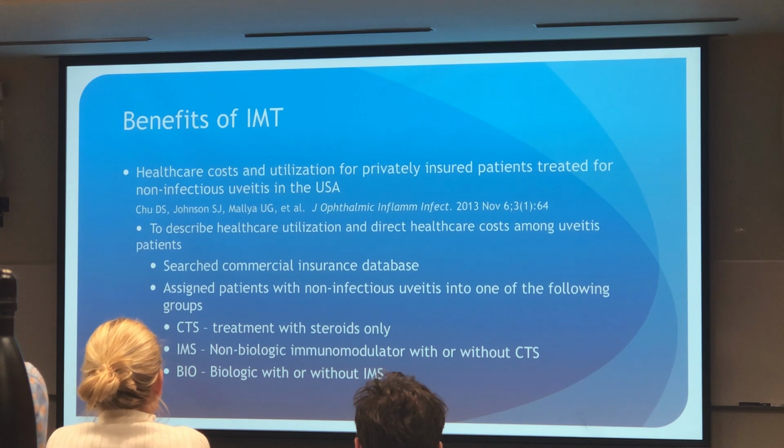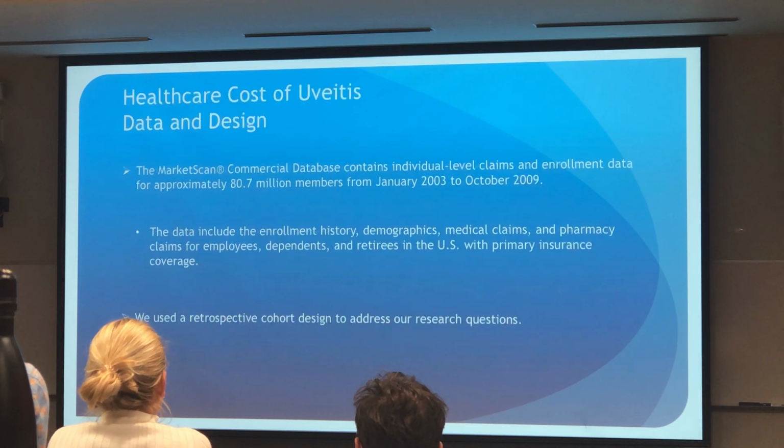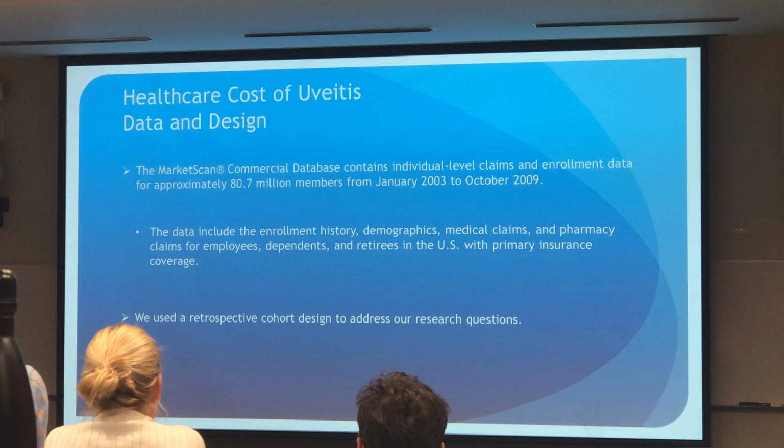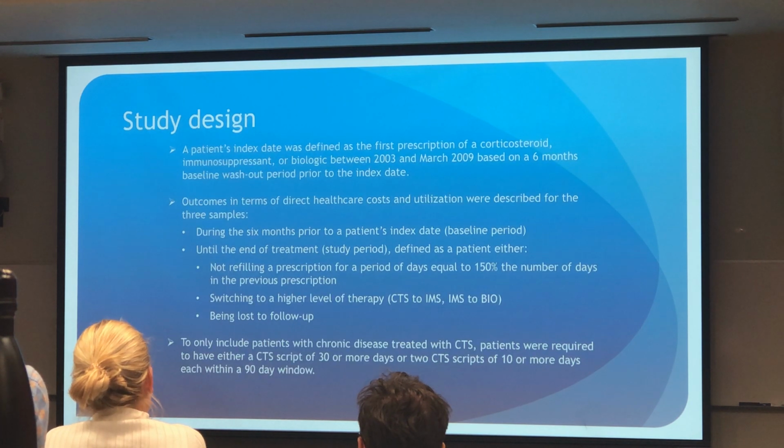So we decided to study this using insurance data, from their diagnosis code to how much money they paid out to the pharmacy, to the emergency room, and for surgery.